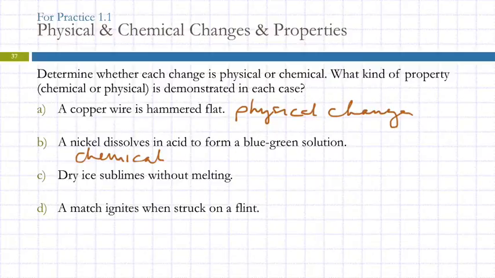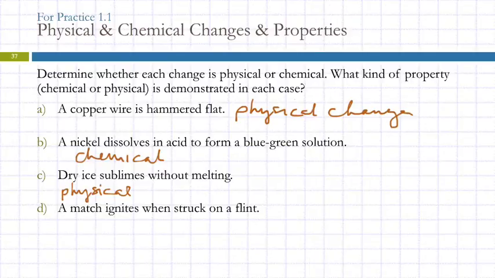Dry ice sublimes without melting. That's a physical change. It's kind of funny that they put this one in here because we just looked at a picture of that. It's a physical change. The property we're talking about here is that dry ice sublimes. Is that a physical property or a chemical property? It's a physical property.